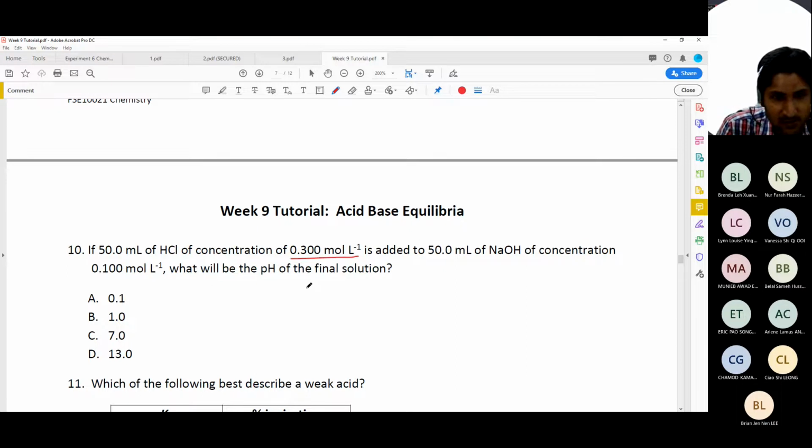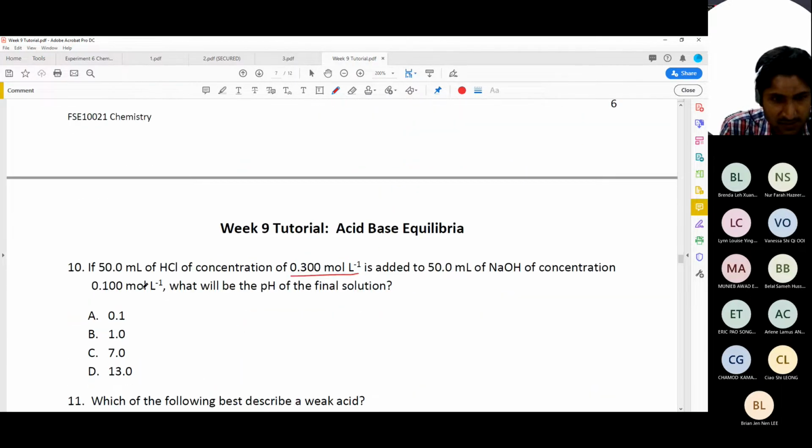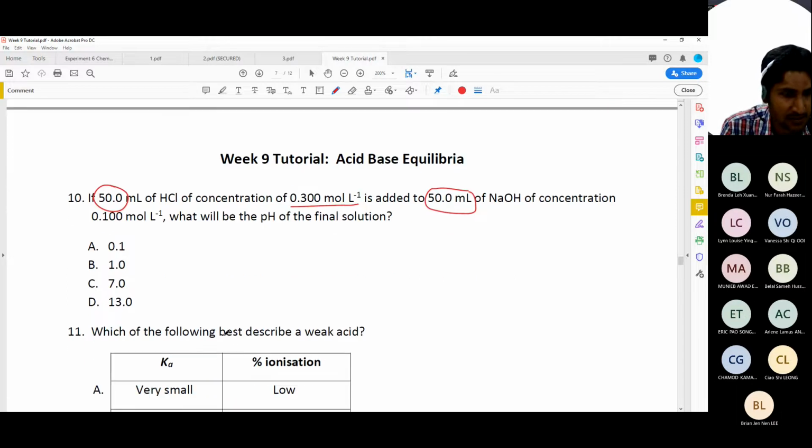Again, N equals C times V, we find the number of moles and the limiting reactant. The limiting reactant will finish up faster, only the excess amount will be left in the solution, and because of that excess amount the pH of the solution changes. Question number 9 and question number 10 are very similar, only the values are different. At the end we consider 50 milliliter plus 50 milliliter to find the concentration of the hydrogen ion, and from there we find the pH of the solution.